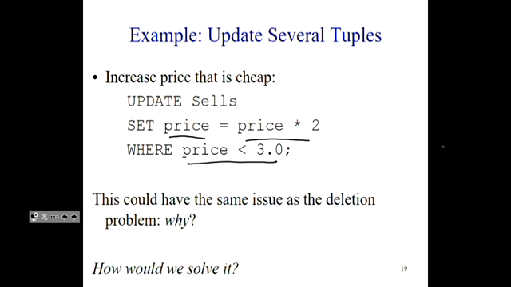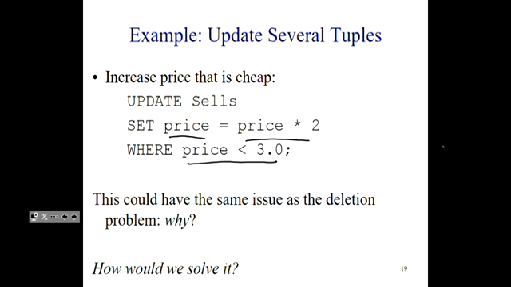So what are some options that could happen, right? If you do it willy-nilly without worrying about it. You could always evaluate whatever is in set first and then evaluate whatever is in where. So you still do have to evaluate the where first to figure out which tuples qualify.